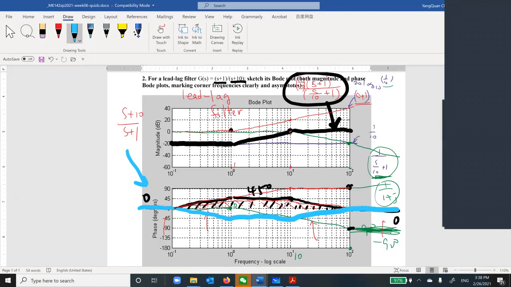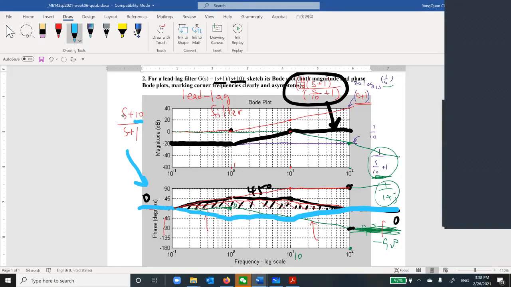It's just like a flip, okay? But you can imagine that if you have this, then you will have something like this. So you have 10 in here because 10 is in here, so you got something here. So instead of starting from minus 20, you start with positive 20, okay?